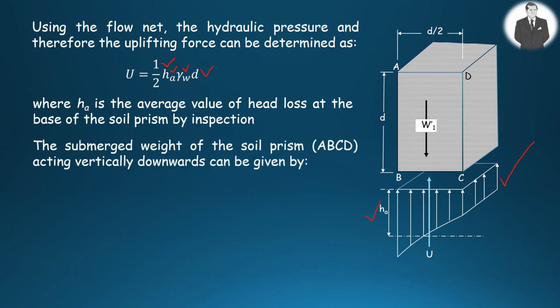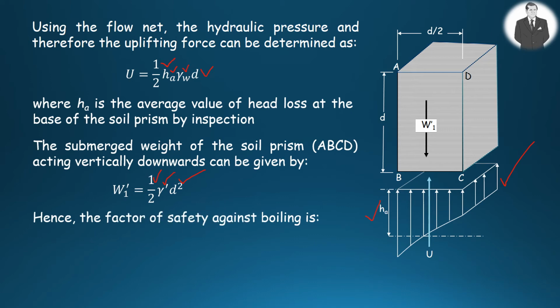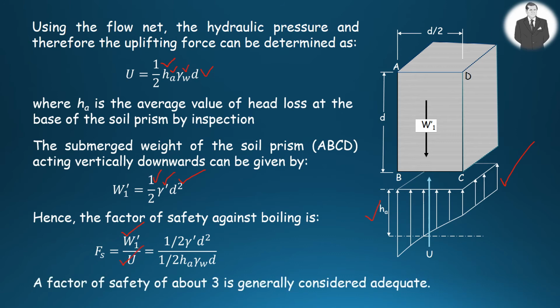The submerged weight of the soil prism acting vertically downwards can be worked out as 1 over 2 times the effective unit weight of soil times D squared. Therefore, the factor of safety can be defined as the ratio between the effective weight of the soil prism and the uplift force. A factor of safety around 3 is usually regarded as sufficient.